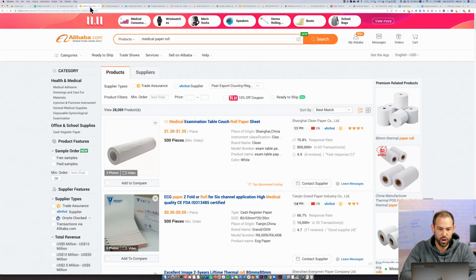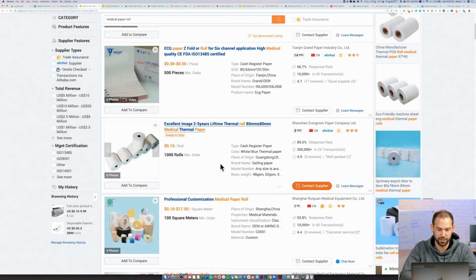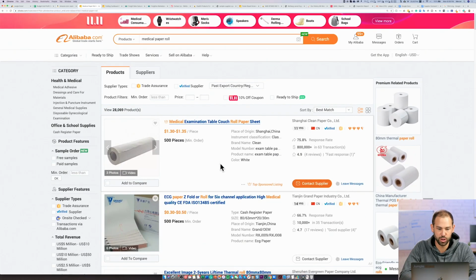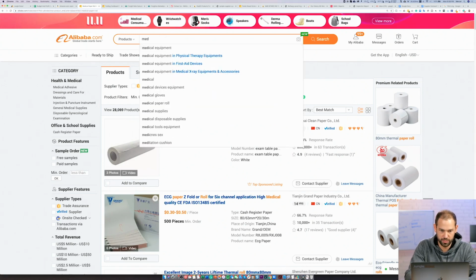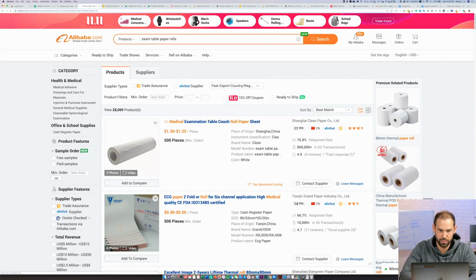So what I can do is I can go into Alibaba and look at a few of the potential factories that I found, and I can start to look at their costs. So $1.30 to $1.35 per piece. Let's do, what was the other one we had, exam table paper rolls.